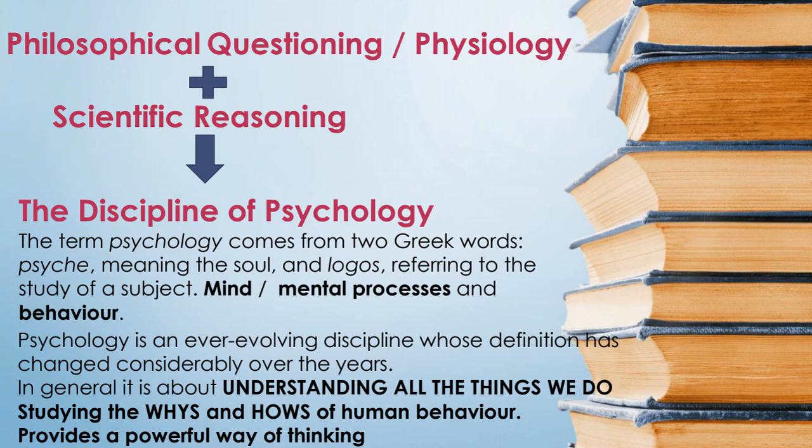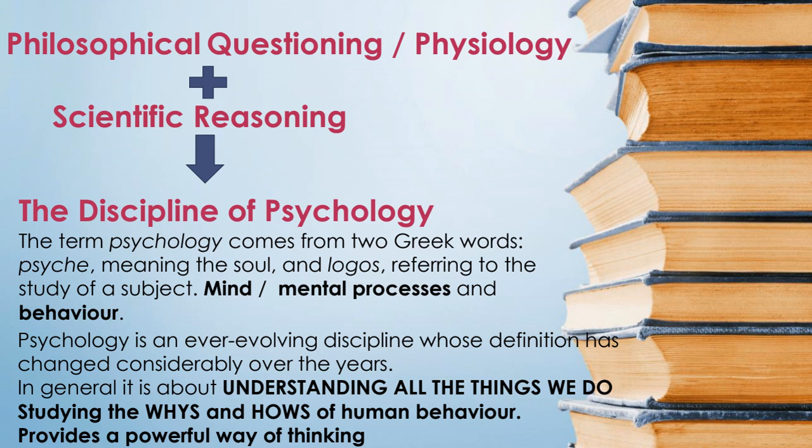It comes from the word psyche, which means soul, okay, and it comes from the word logos, which means the study of a subject. So it's really the bringing together of philosophical questioning, added to that scientific reasoning, and we'll go into why we add scientific reasoning. And those two things sort of came together. They merged together to form the discipline of psychology.